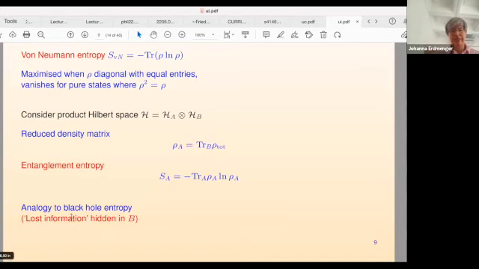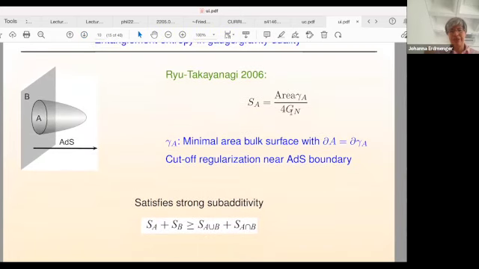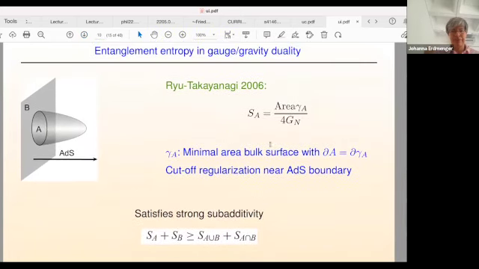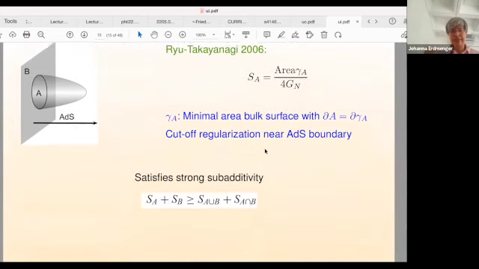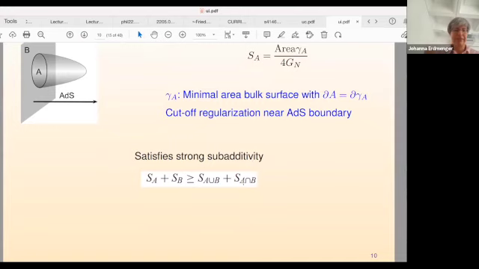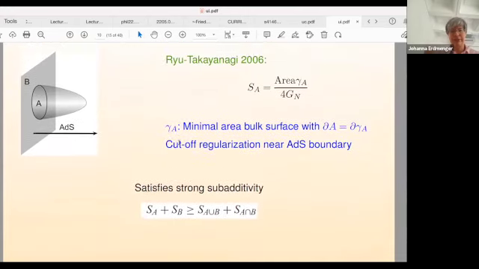So somehow the entanglement entropy measures the lost information hidden in region B. Here's again the formula for this Ryu-Takayanagi proposal. It satisfies many conditions that you would impose to make a meaningful entanglement entropy.